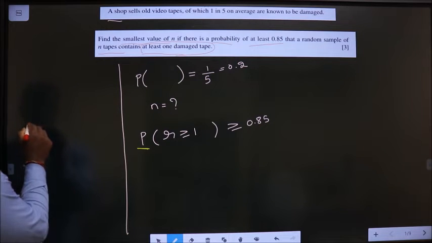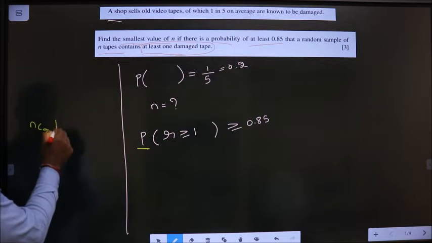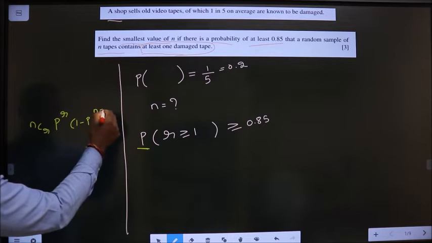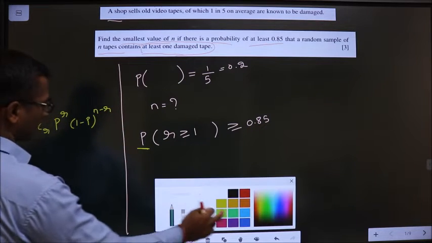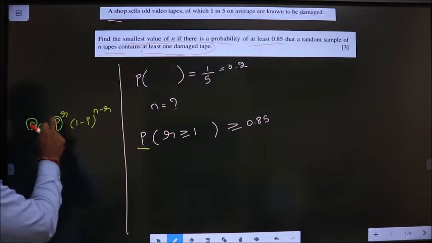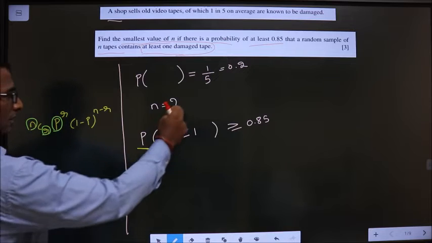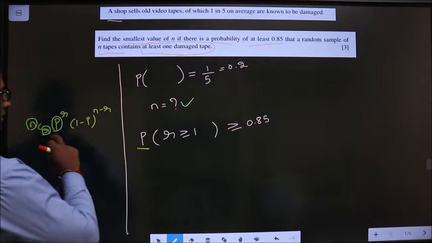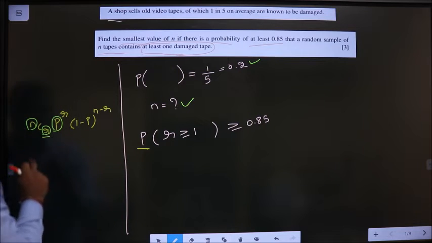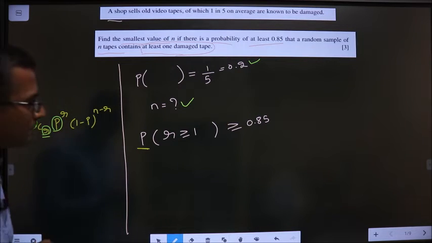See, nCr p power r, 1 minus p power n minus r. Here we should know the value of n, r and p. n is not given, we have to find out. p value is 0.2. Now let us decide the values for r.